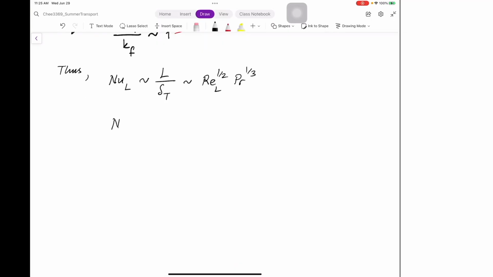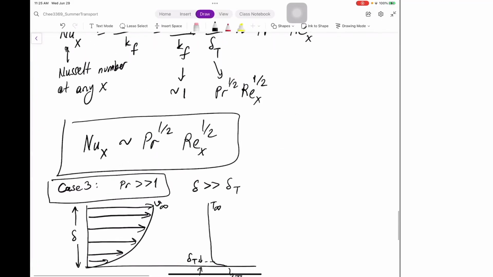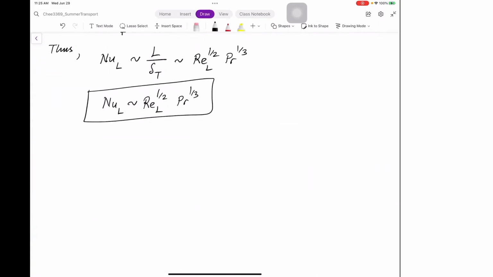So let's write it. Nusselt number L is Reynolds number L 1/2, Prandtl number 1/3. What was the result from the previous one? It was Prandtl number 1/2, Reynolds number to the 1/2, but this time the Prandtl number is 1/3 instead of 1/2. Oh, the dependency to Prandtl number is changing. So that's a very important scientific insight.